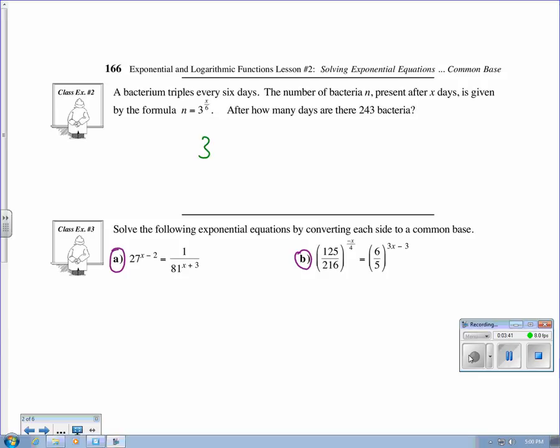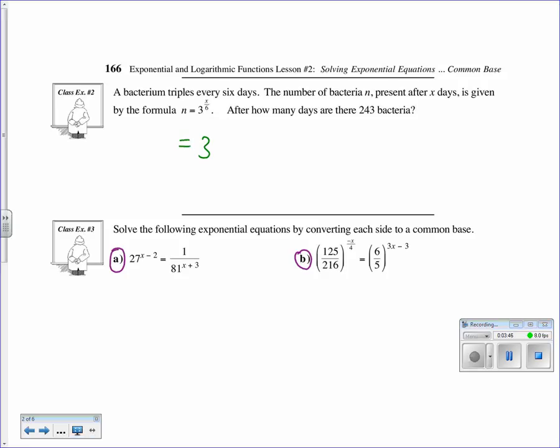So that 3 is my tripling 3, and in this particular case, we're wondering how long does it take a population of bacteria to grow to 243 bacteria, usually colonies, if their tripling time is 6 days. So the tripling time, notice where that's sitting in the denominator of the fraction, and we've got the same skill as we had before. Can I write 243 as a power of 3? Think about that.